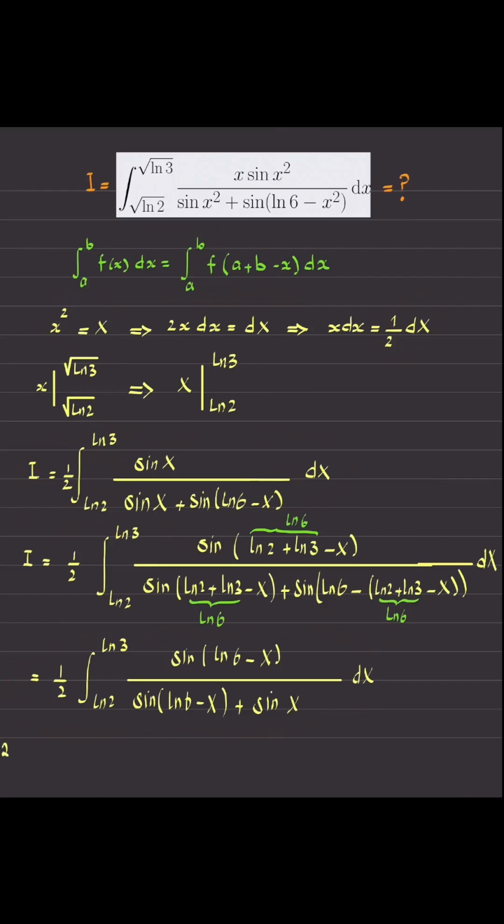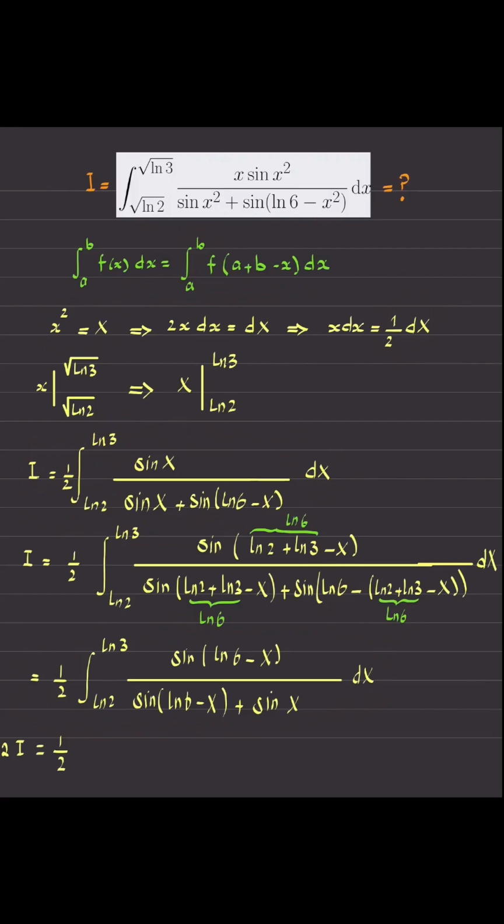But why is this good? Because first of all, when I am adding I to I, I have a 1/2 here, I have a 1/2 here, so I can factor 1/2 out. Then what happens? This becomes this integral plus this integral. But because of the properties of definite integrals, I can combine these two integrals into one integral on the condition that I add the integrands.